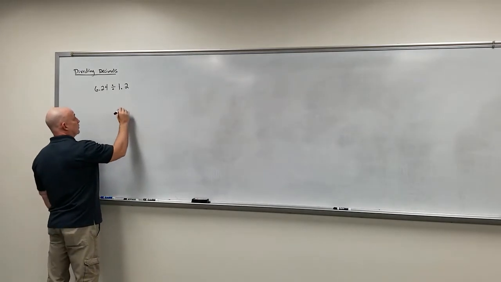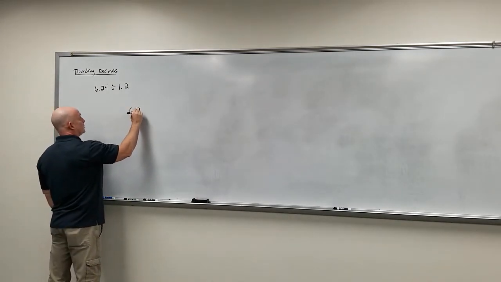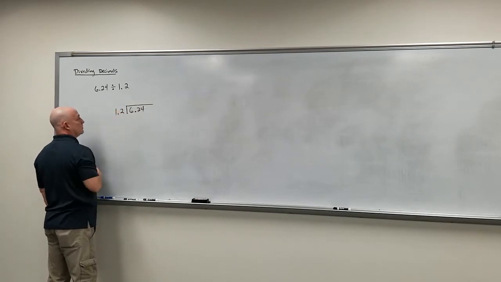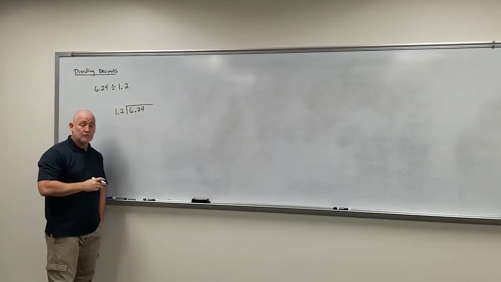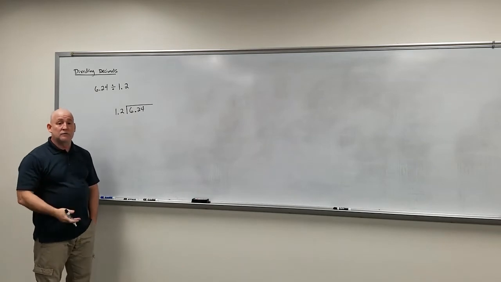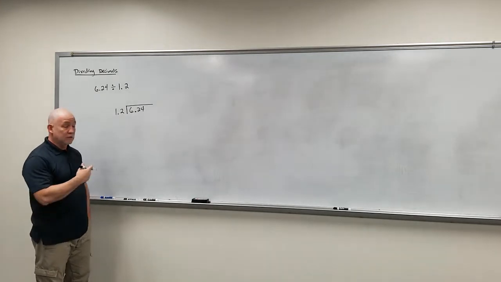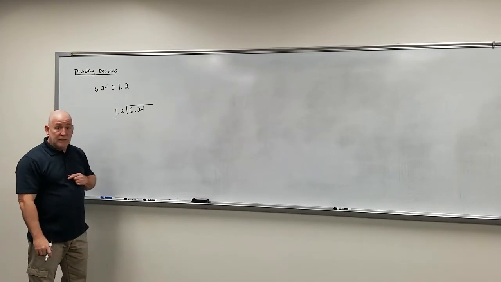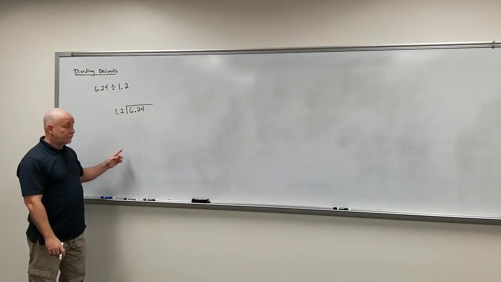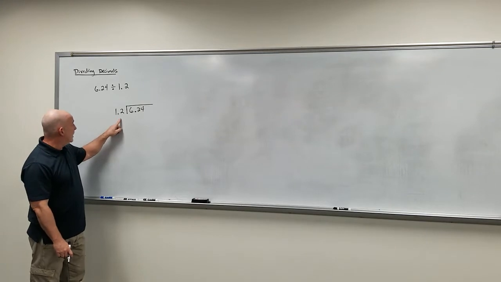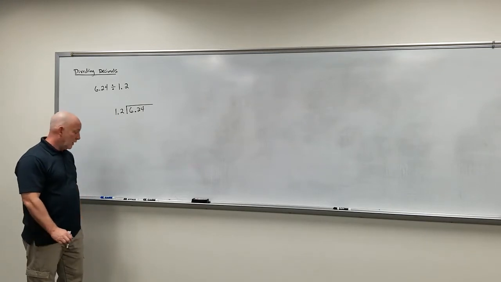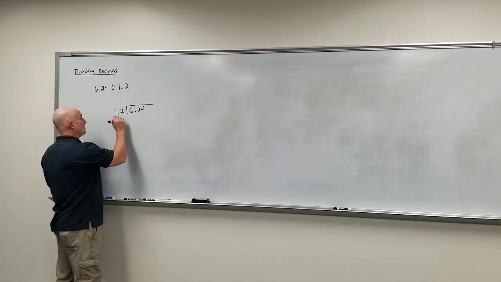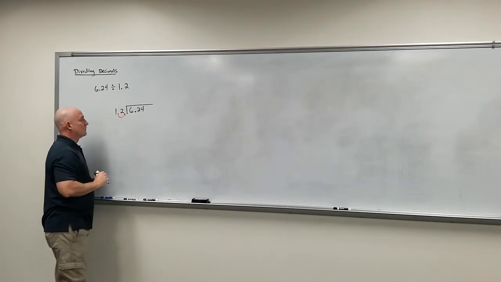So the 6.24 goes on the inside, the 1.2 goes on the outside. Now here are the 2 extra steps that you need to do when we're talking about decimals. We want the number on the outside to be a whole number, not a decimal. So to do that, we're going to slide the decimal over till it's a whole number. So in this case, I'm going to move this over 1 place.